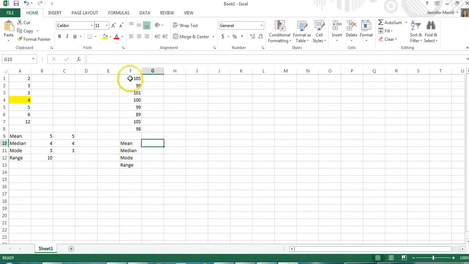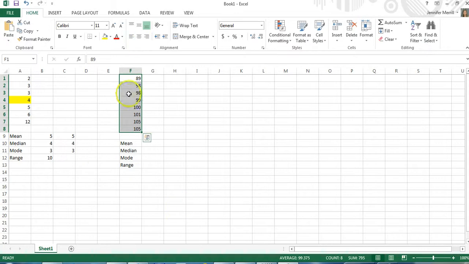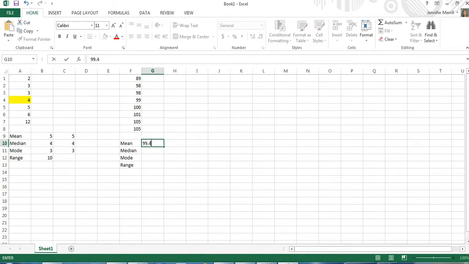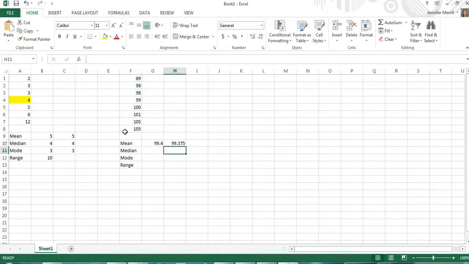Once again, there's two ways to find the average. I could either highlight all of my data. Well, before that, let's go ahead and sort it. So I'm going to highlight it and then go to sort and filter, and then sort smallest to largest. While it's highlighted, I can look down here for my average, which is about 99.4. Or I could put equals average, parenthesis, highlight the data set, parenthesis, and I should get the same thing.